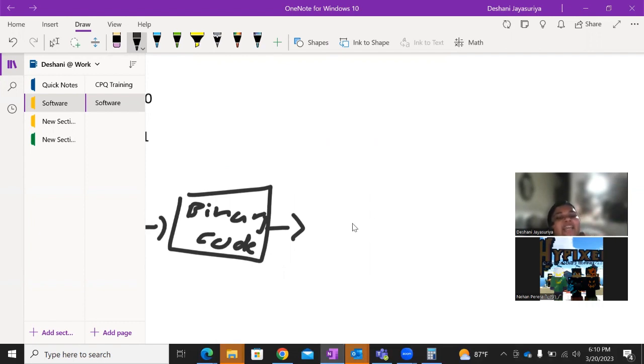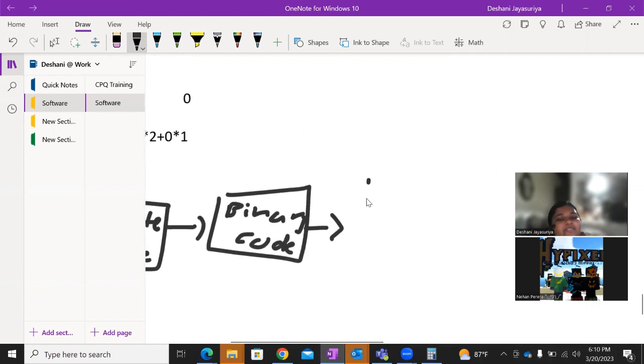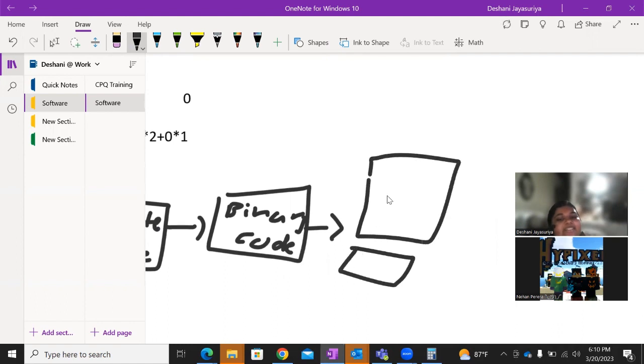To do that, the computer will execute the code in our system. That is how it happens.